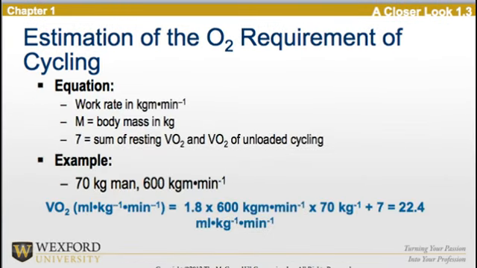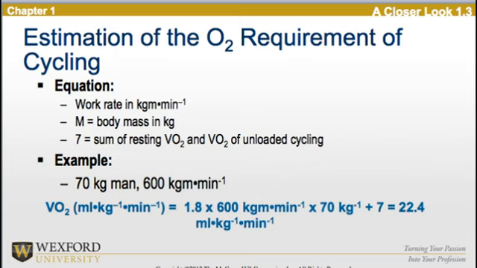Now continuing with our estimation of the O2 requirement of cycling, in the equation we're going to have a work rate in kilogram meter per minute, a mass in kilograms, and 7 will be equal to the sum of the resting VO2 and the VO2 of unloaded cycling.